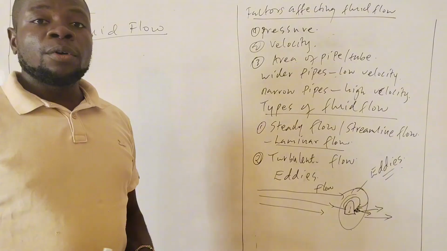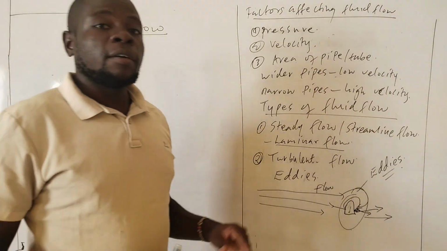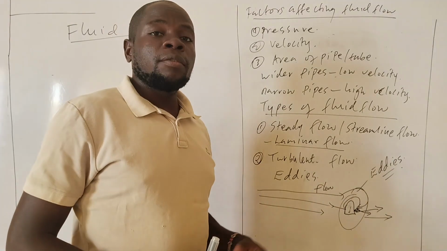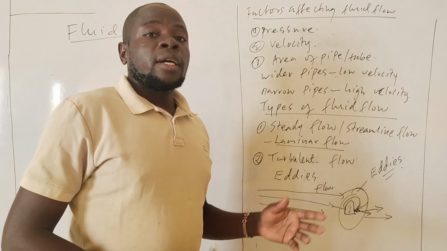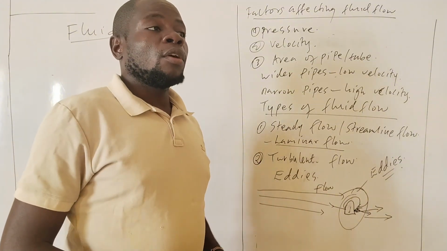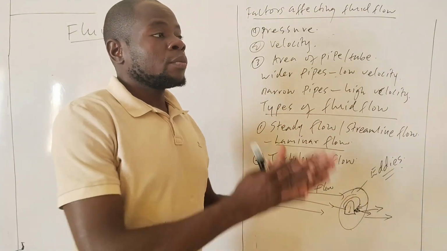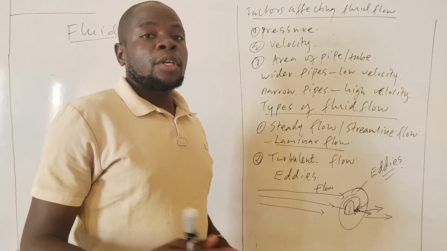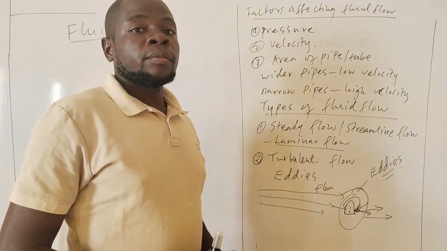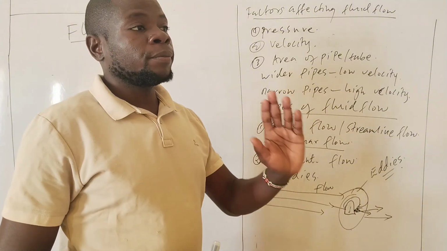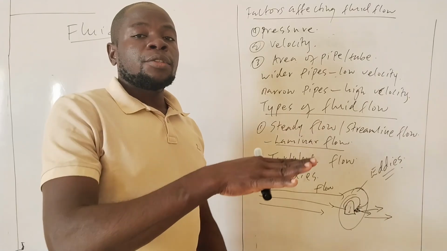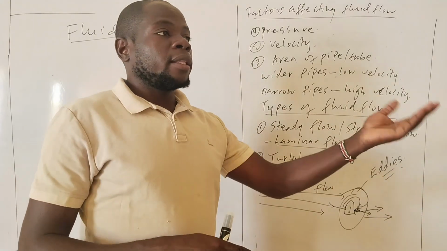Then types of fluid flow, we say we have two. We have number one, a steady flow, which is also called streamline flow. This is where the flow of the fluid is smooth and orderly. All particles facing the same direction and same velocity. So a special case when we have different layers of the liquid, maybe in an ocean where there is a bulk volume of water, so maybe the bottom layer and the upper layer.